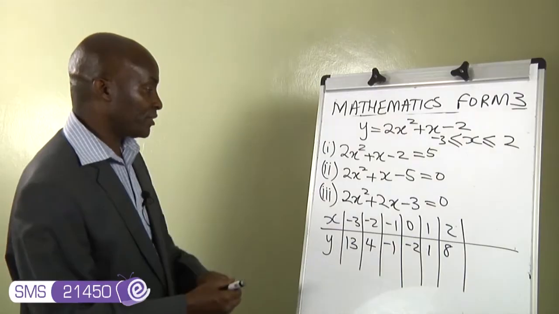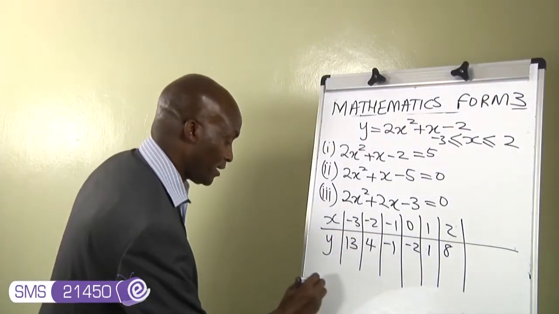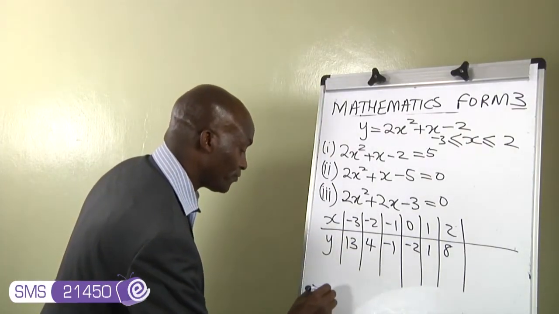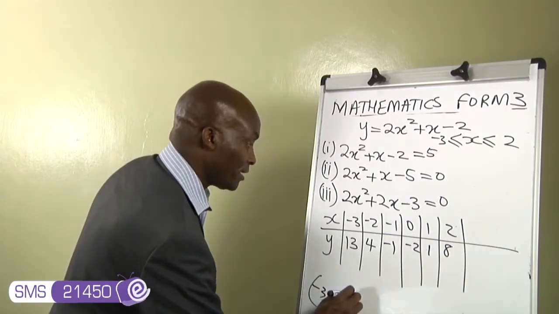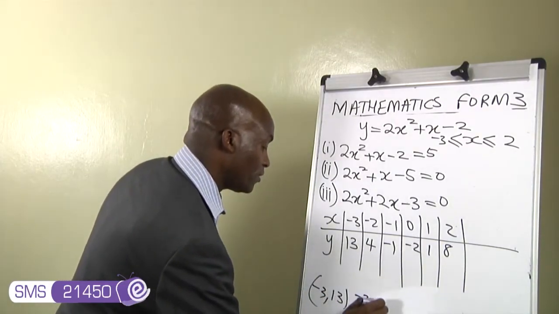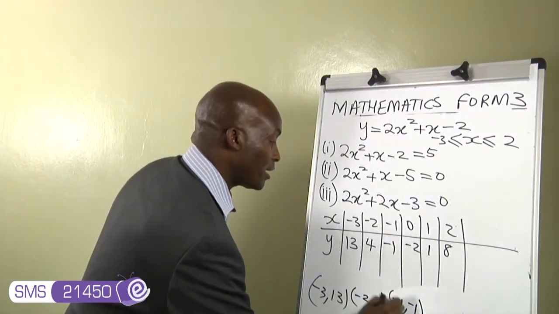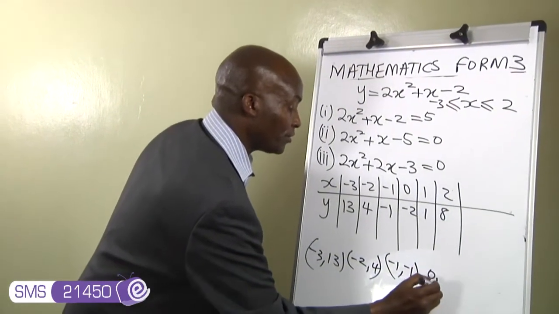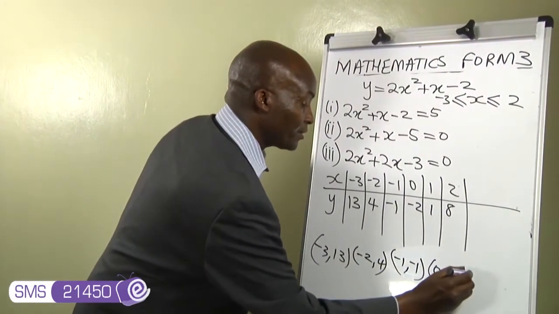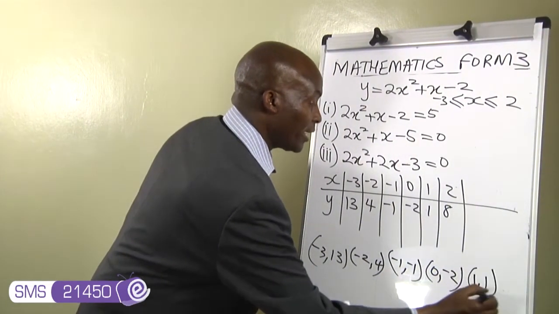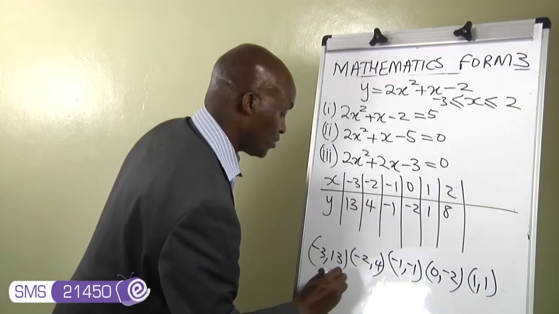Okay, now we have the table of values. So let's write down the points: -3, 13, then -2, 4, then -1, -1, then 0, -2, then 1, 1, and then 2, 8.